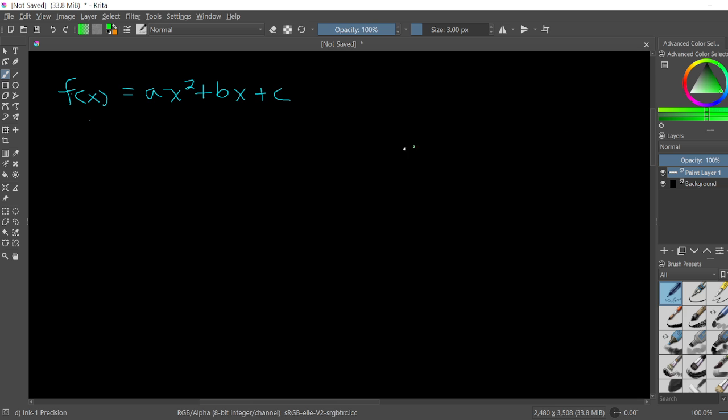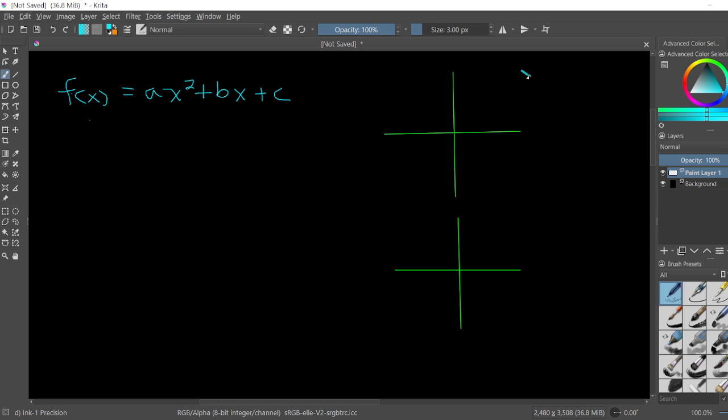And so if we graphically look at all of these functions, I'll draw two sets of axes here, and we'll focus on the value of a.